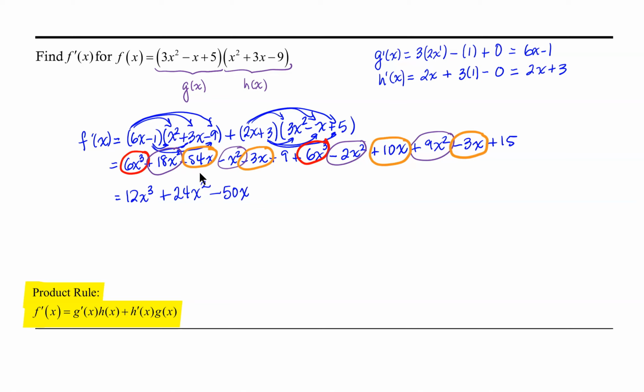And now for our constant terms, we've got a 9 plus a 15, and 9 plus 15 is 24. So the derivative of our function, or f prime of x, is equal to 12x cubed plus 24x squared minus 50x plus 24.